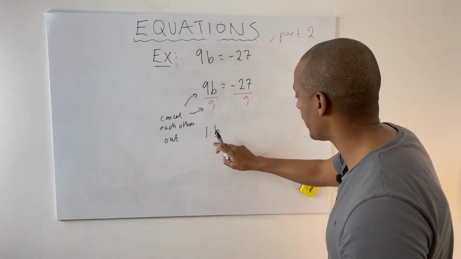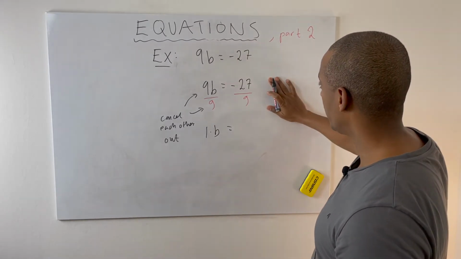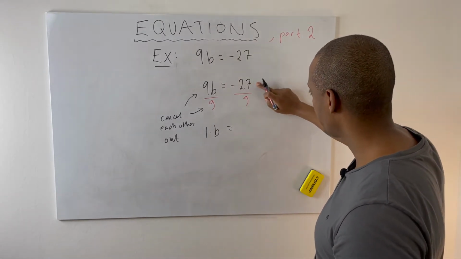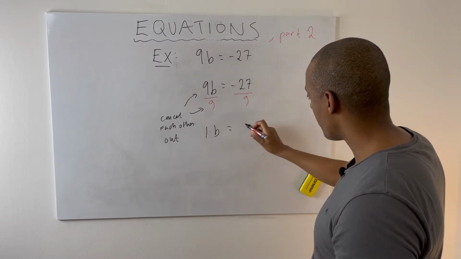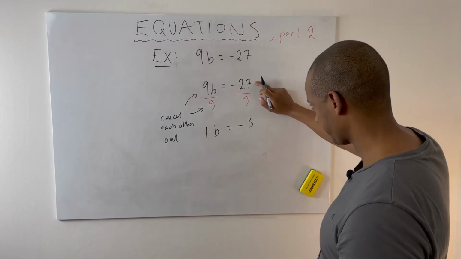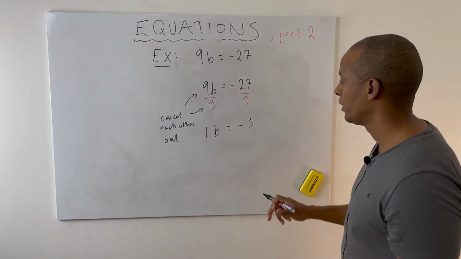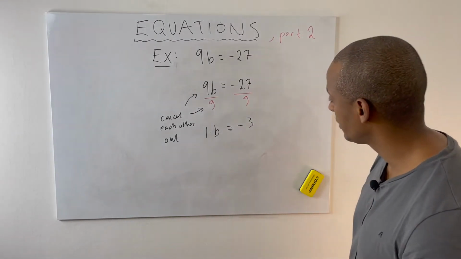So we have 1 times b. On the right hand side, we have minus 27 divided by 9. That's equal to minus 3, right? Because 3 times 9 is equal to 27. And if you remember the cheat code, you know that there should be a minus sign there. So we have minus 3.